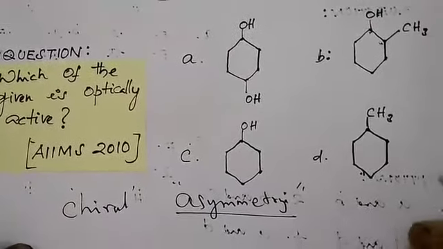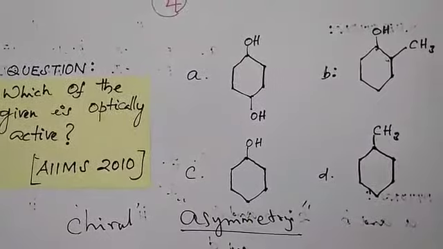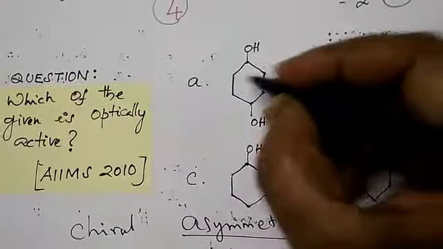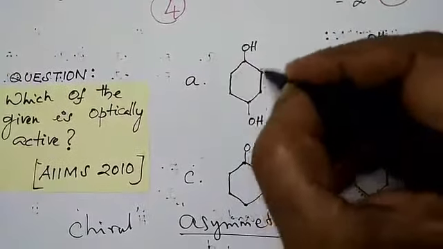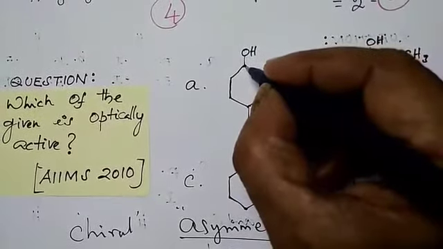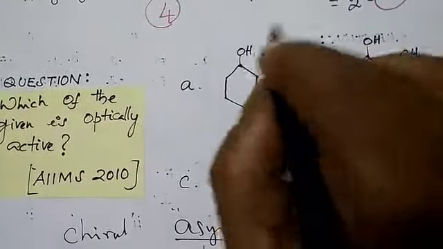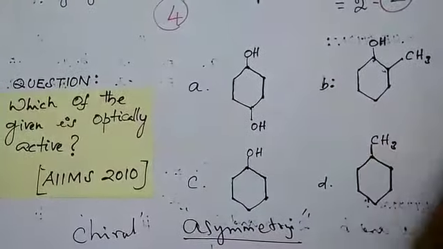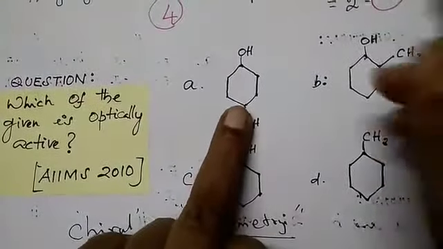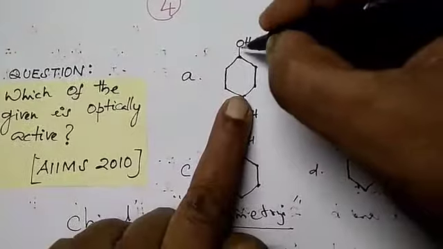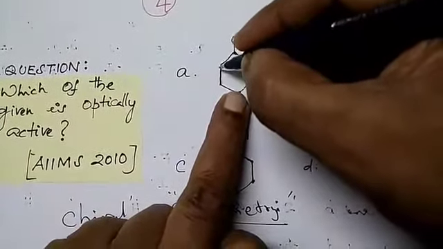Here, look at this carbon. This OH and this OH are exactly opposite, so it does not have an asymmetric carbon. How do we find this? This side, after 2 carbons there is OH; the other side, after 2 carbons there is also OH.